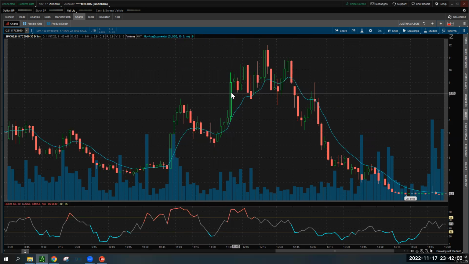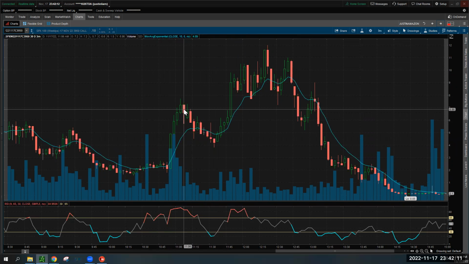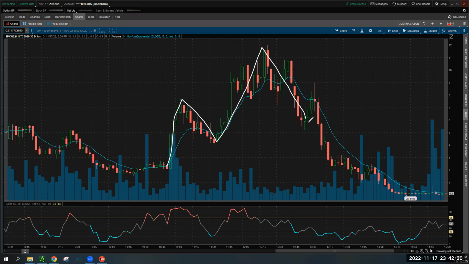And at this point, I don't know that you would have been able to trail that quickly to move that out any further. But I like doubling the R because when it does something like this, usually it has some more momentum in it. So again, looking at the head and shoulder shape, you have a bigger move here.